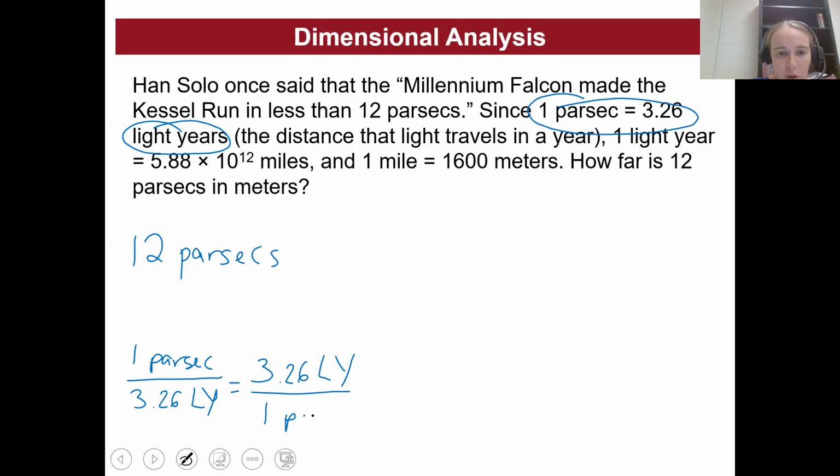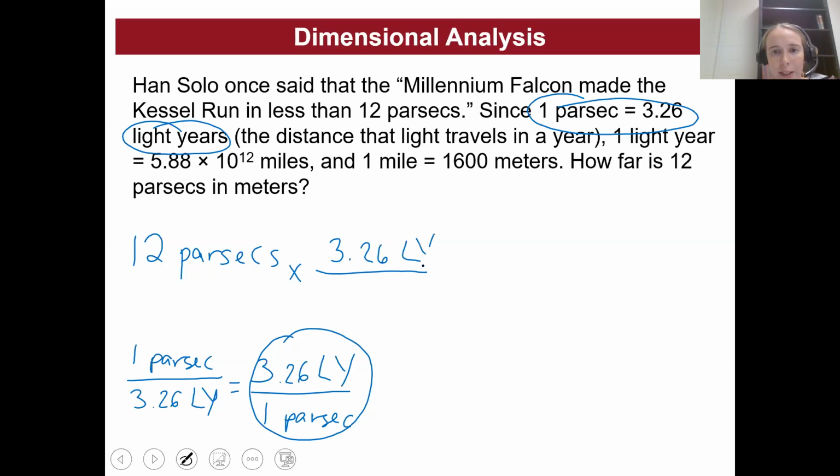And which one we use is going to depend on what we want to cancel out. Remember, we want to have our given unit cancel out. So the given unit has to be on the bottom. So we want to use this one. So we put 3.26 light years on top and 1 parsec on the bottom. So now our parsecs cancel out and our units are light years.